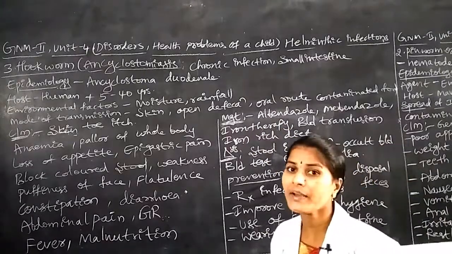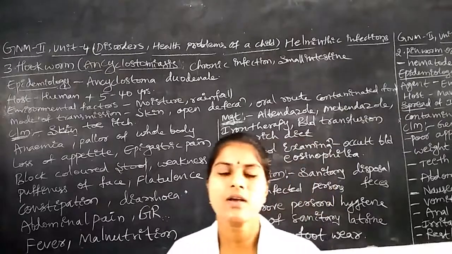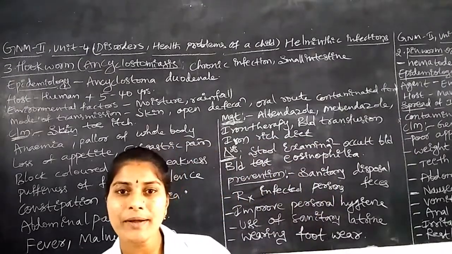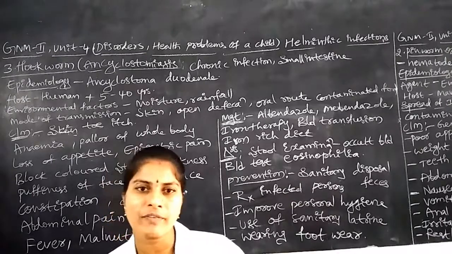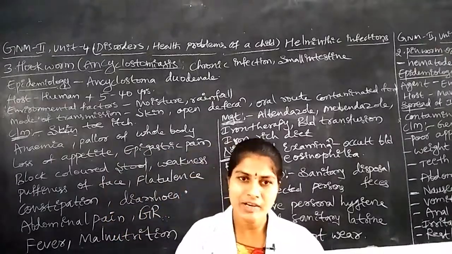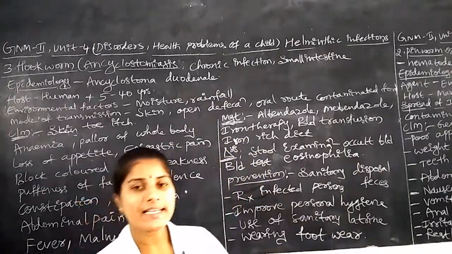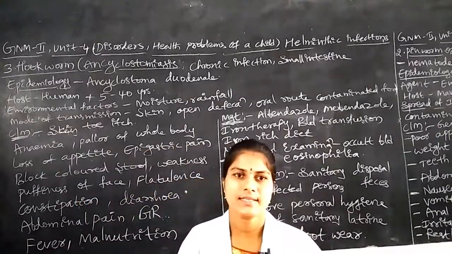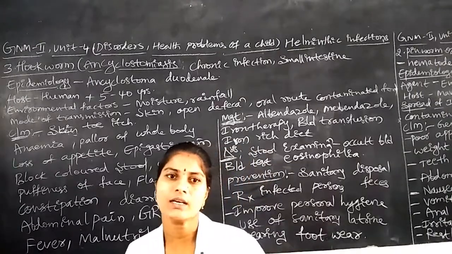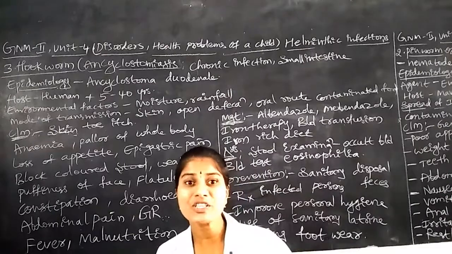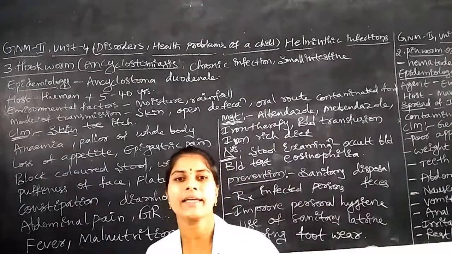If severe anemia is there in the children or individual, to restore their normal blood percentage, we have to administer blood transfusion. Next is an iron rich diet we have to give to the children. For improving their blood percentage in the body, we have to provide food with the richest iron.